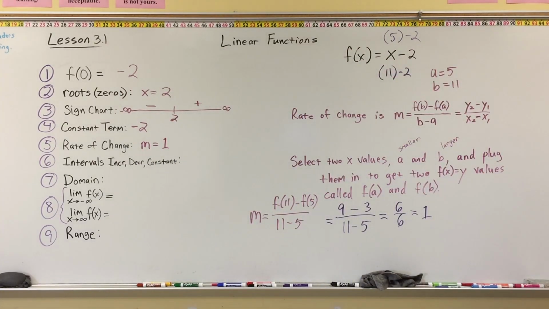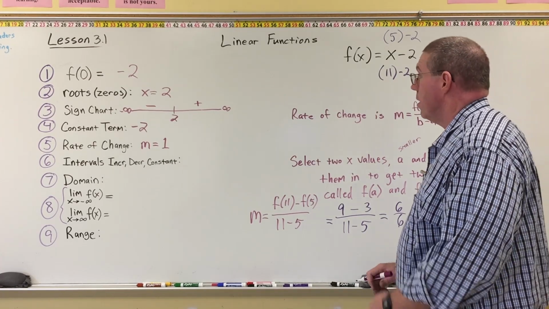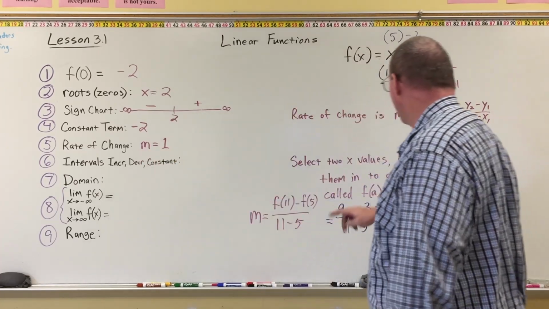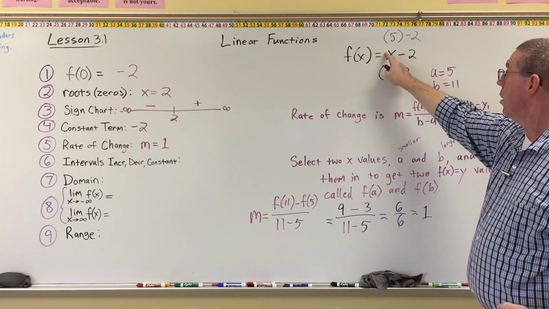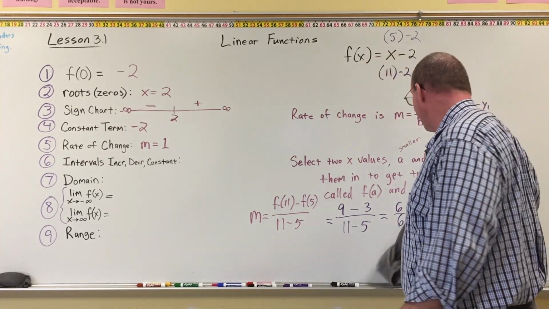Now, what we're going to eventually get to, what I want you to notice is that another way of understanding the rate of change is that it's the coefficient of the x. Whatever is in front of this x. Now, you don't see a 1 there, but the 1 is implied.